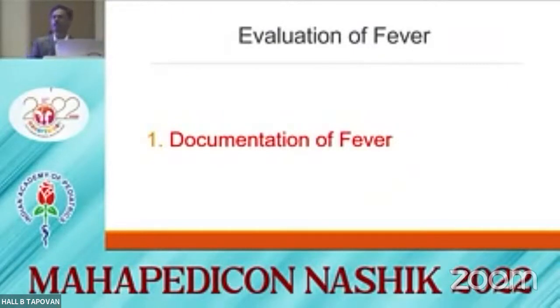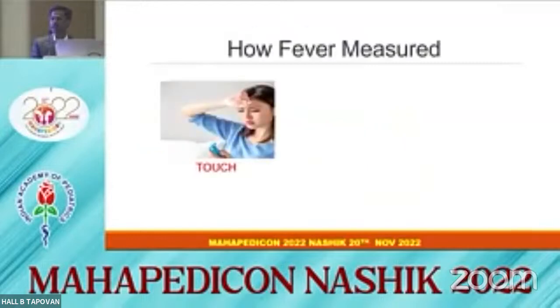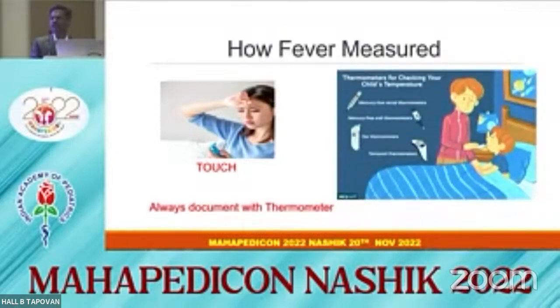So the first step in evaluation of fever is documentation. It is a very important step because in pediatrics, most parents will complain that the child's body feels a little warm, that he has fever. But whether the child really has fever: there are two methods, the touch method and the thermometer method. We should ask the parent to document the fever with a thermometer.